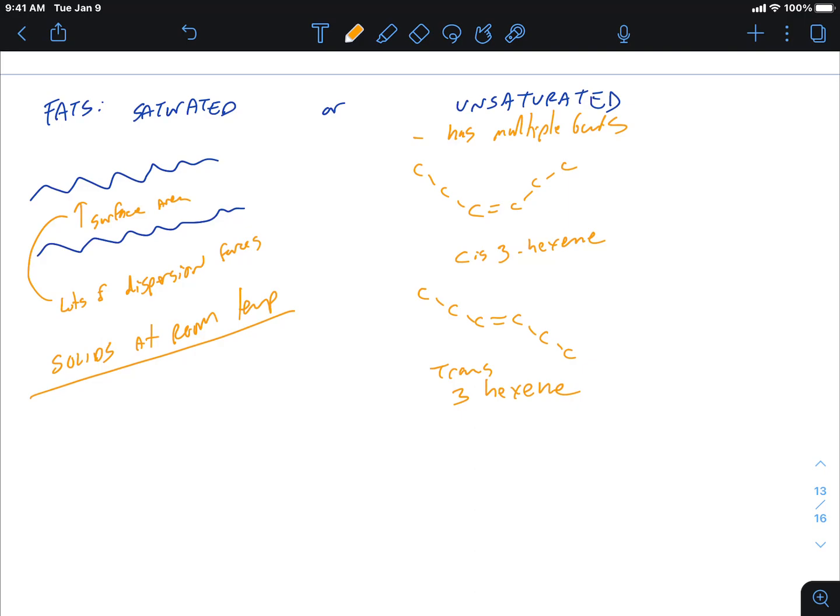Okay, so unsaturated fats. When you get these double bonds which have these fixed positions, remember that when the double bonds are fixed in place, there's no rotation, fixed angles. What that eventually leads to is that there's less contact area for dispersion forces.